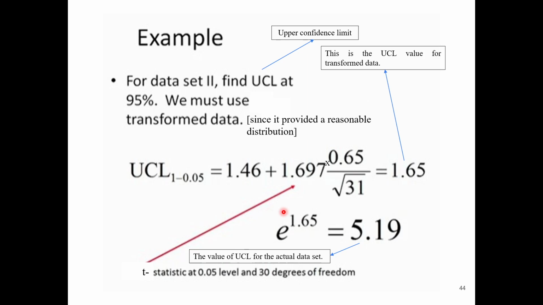That was the relation, but in this case we can't use the geometric mean; we have to find it directly from the 1.65. So log e UCL 95 is 1.65, and UCL 95 will be directly e to the power 1.65, which is 5.19. This is the UCL value for the actual data set.